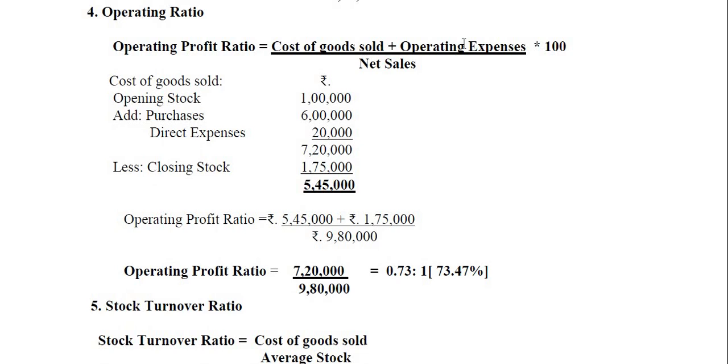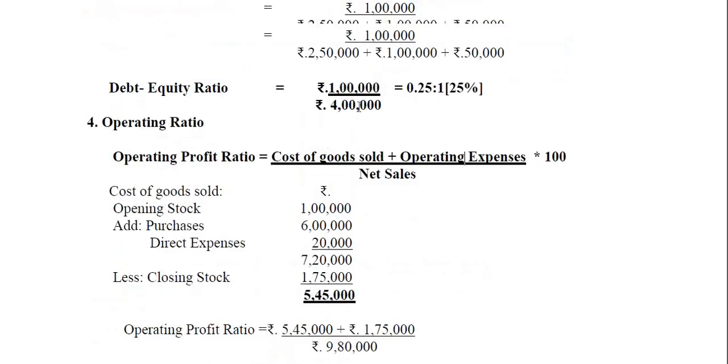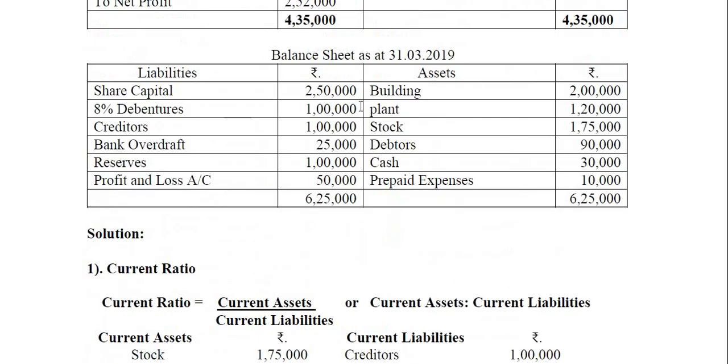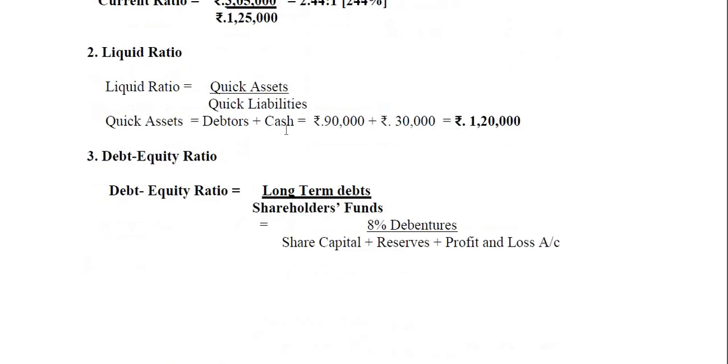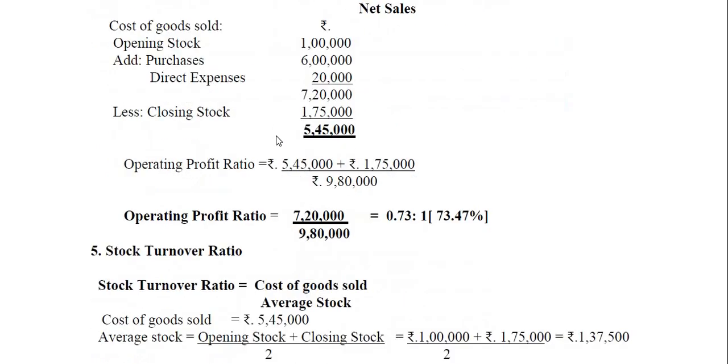Then operating expenses, there is only one item, 1,75,000, it's given there. See, operating expenses 1,75,000, that should be added. As a result, you will get 7,20,000 total operating expenses divided by net sales 9,80,000.